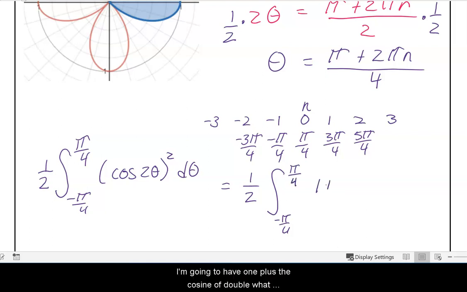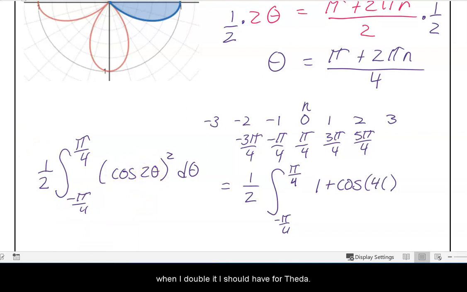This is going to give me the following equation. I'm going to have 1 plus the cosine of double what was in there before. However, what was in there before was 2 theta, so when I double it, I should have 4 theta. Normally, this would be divided by 2, but we can move that to the outside of the definite integral.